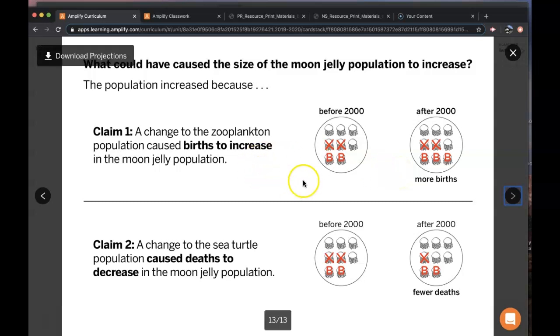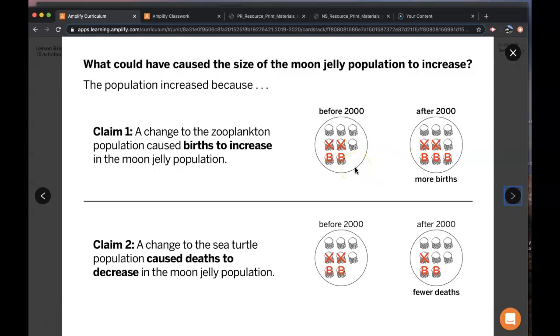So that clearly supports claim 1. Again, you did this in your models in the previous activity. A larger resource population, and in this case the zooplankton is the resource population to the moon jellies, would provide more energy storage molecules, and then the moon jellies can use these energy storage molecules to reproduce more, which results in more bursts.